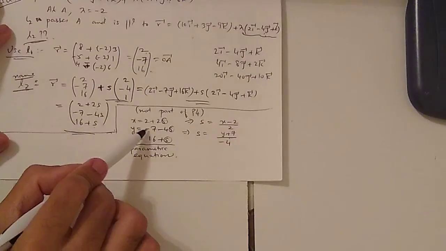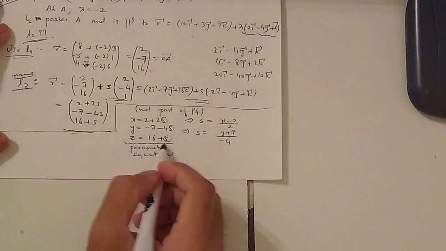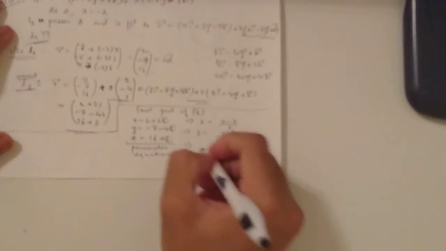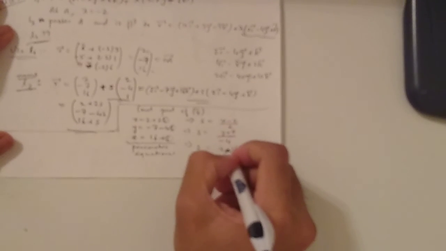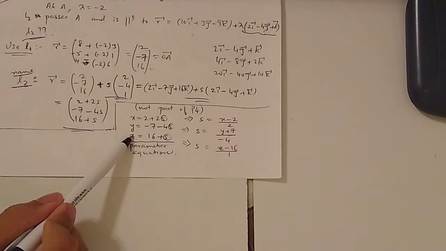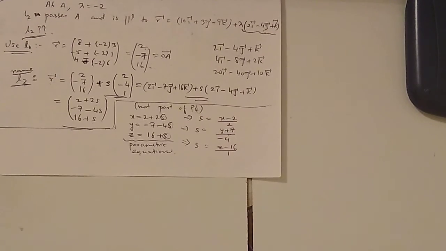I took minus 7 to the other side and then divided by minus 4. And from the third equation we get s is equal to (z minus 16) divided by 1. It does not make a difference actually; you could simply write it as z minus 16.